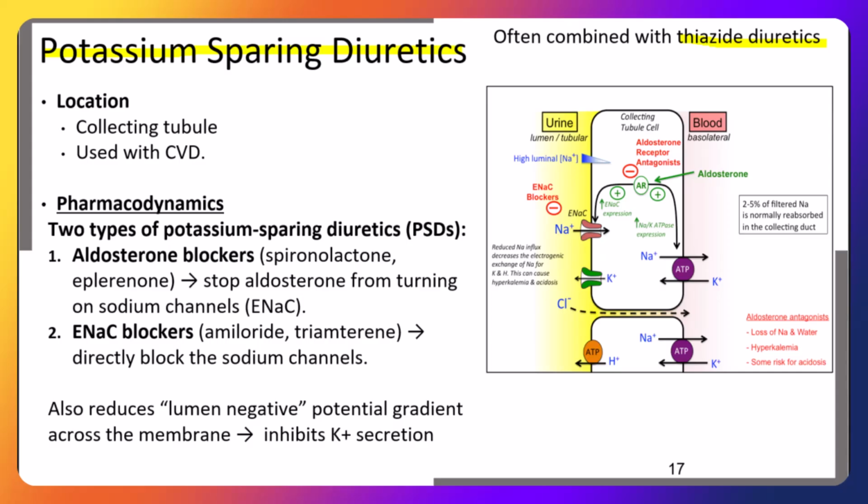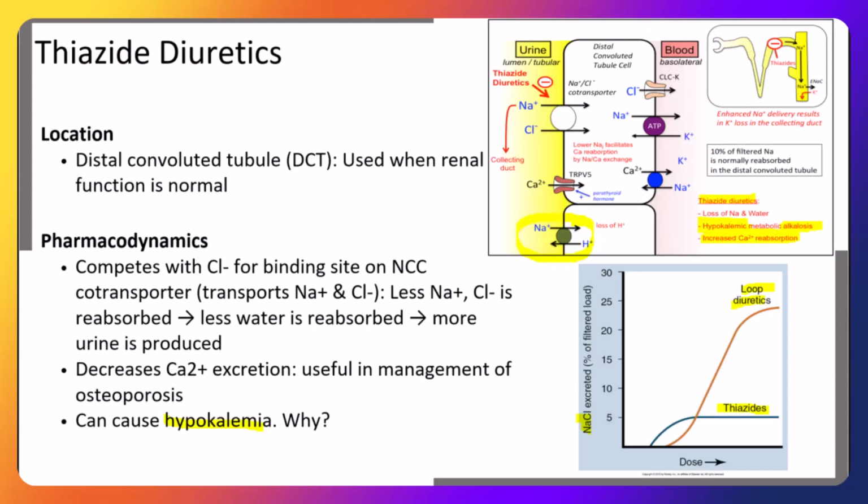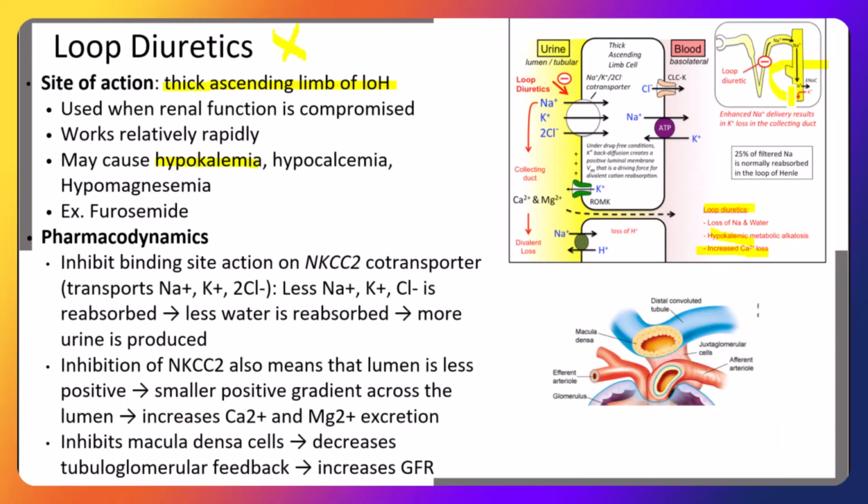Remember on the earlier slides, I had spoken about how you can get some compensatory mechanisms set up in the distal part of the nephron where the body's trying to compensate for what's happening earlier on where those drugs are acting. Because of that, it can lead to loss of hydrogen ions and loss of potassium in the urine.